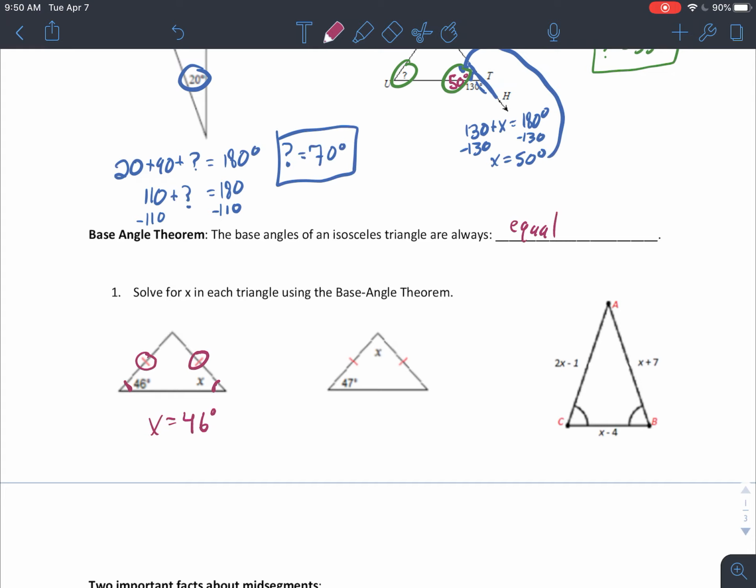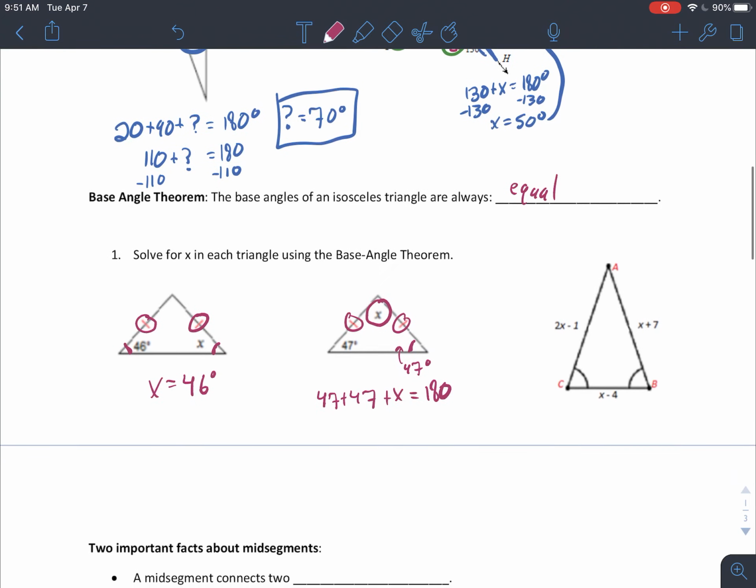In the next one, if we want to solve for the x that's not on the equal angle, again, isosceles because the two sides are the same. We know this angle down here is 47 degrees. So then we have to say 47 plus 47 plus x is equal to 180. So we have to use our old theorem.